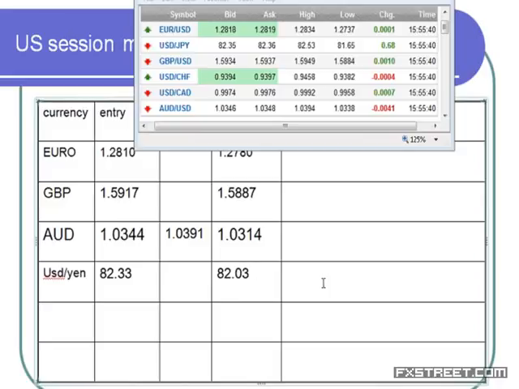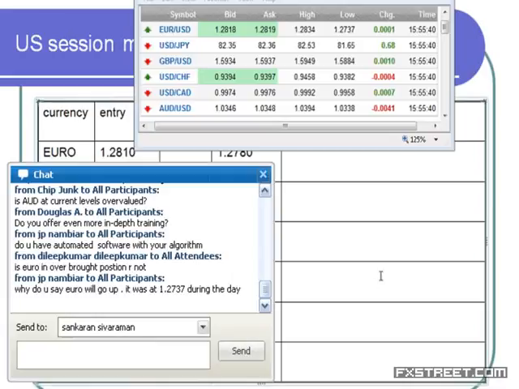Nambia, do you have automated software with your algorithm? No, sir. I do not want to develop automatic software because the market continues to change. It is a changing environment, so obviously we cannot use a static method in a changing environment.